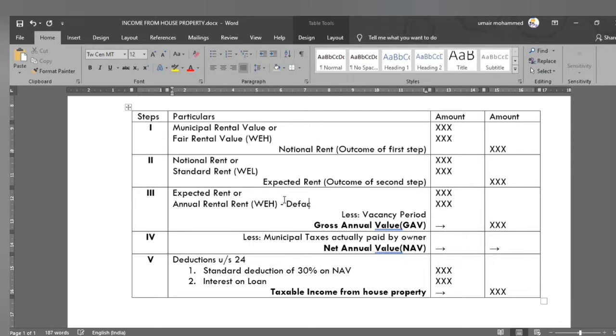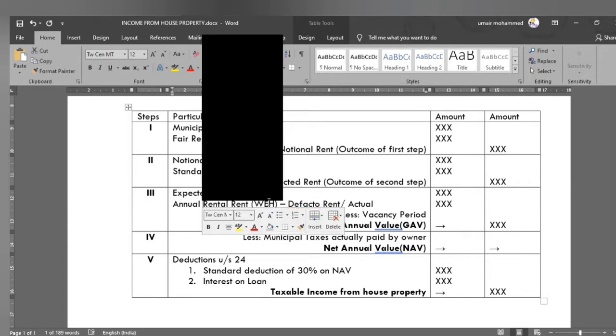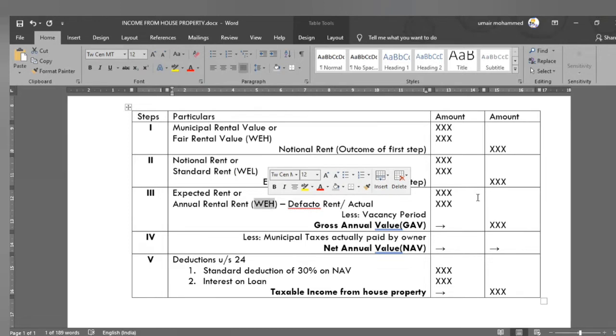This is the rent which the tenant pays to the landlord. So we record this and do a comparison between the outcome of the step 2 and annual rental value and take whichever is higher.